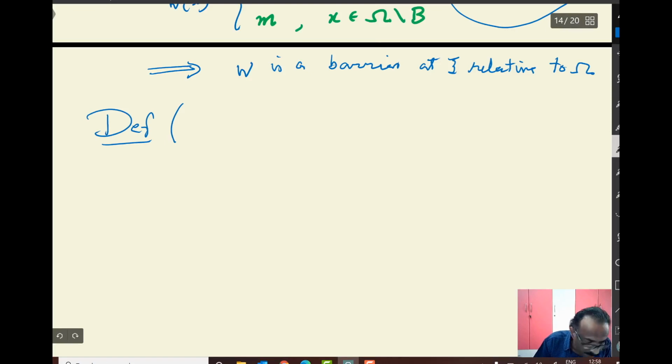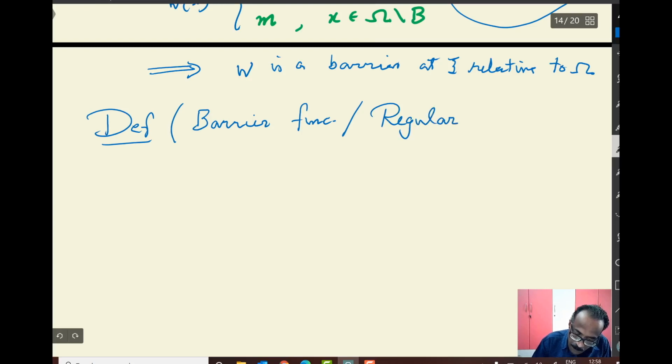Okay, barrier function, you can call it the existence of a barrier. If a barrier function exists, it's called a regular domain. So if such a barrier exists, you call it a regular barrier.